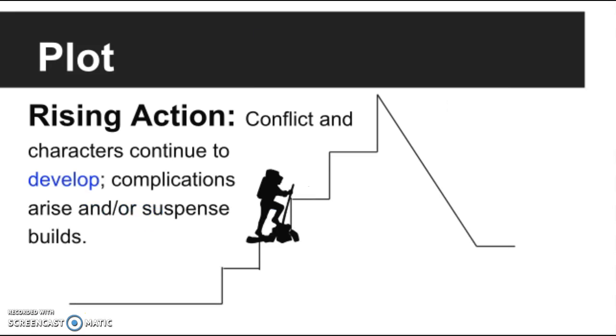Okay, the next spot on the plot diagram is rising action. That's where the conflict and characters continue to develop and complications arise and or suspense builds. So that's this jagged, rough ride to the top here. Okay? Got to go through all those little bumps related to the conflict as you head up to the top.